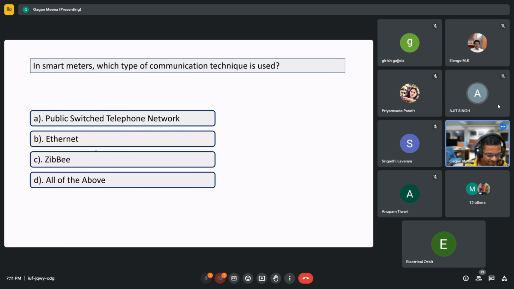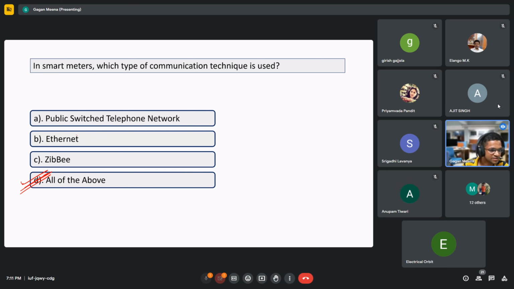Any other option? Public switched telephone, either it's C or it's D. Option C, sir. No, it will be D. Yeah, D is correct.